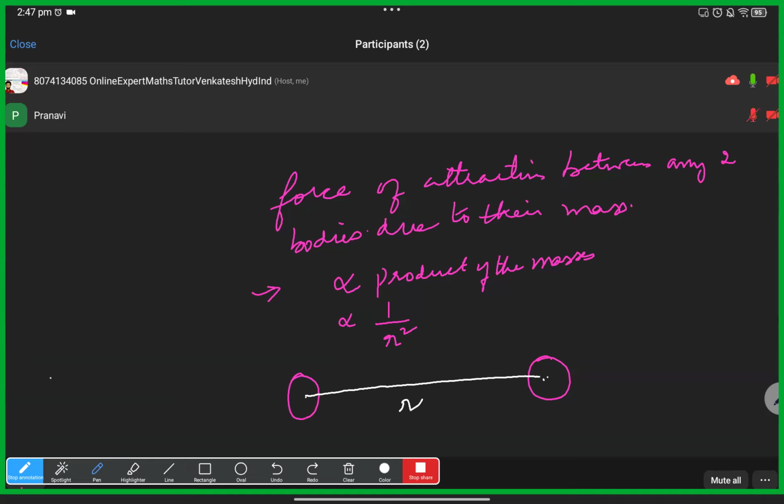So here, force is directly proportional to the product of the masses.